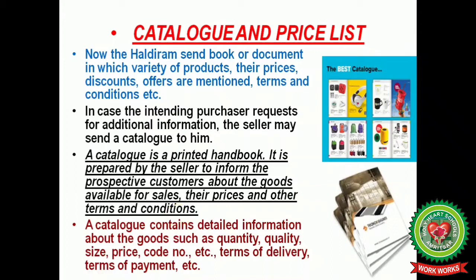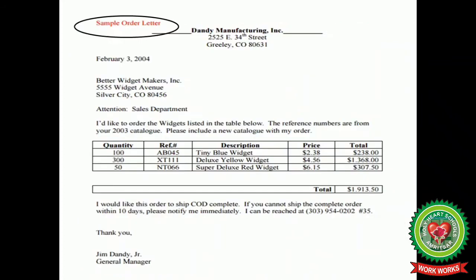In a catalog, detailed information is available, such as the quantity of the product, its quality, size, price, number, then the code number, terms of delivery and terms of payment. So this detailed information is covered by the catalog. So this is a sample.